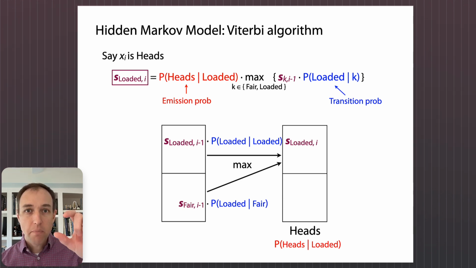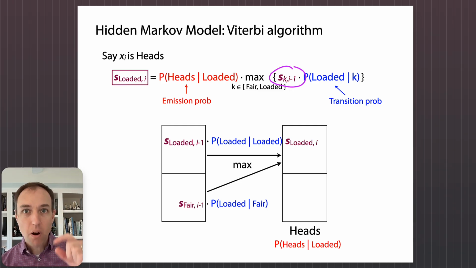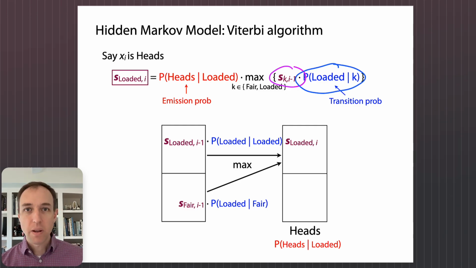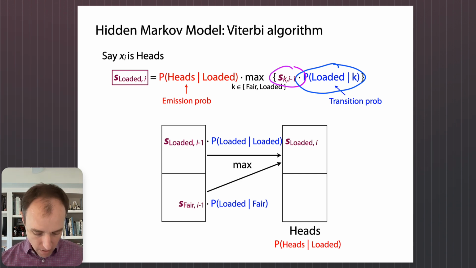So we need to look up both the partial maximum probability up to that previous step for that choice of fair or loaded, times the transition probability. We're currently considering loaded in step i, so it's going to be loaded given fair or loaded given loaded, depending on the term of the maximum. And this is a more visual way of picturing that.